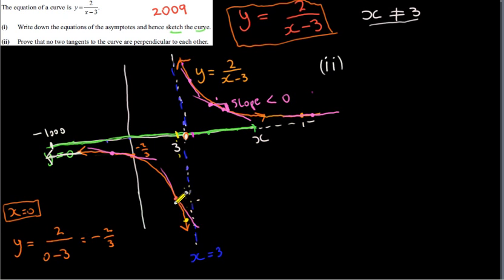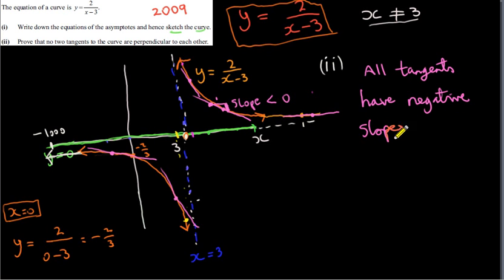So you can see from the graph straight away that all tangents have negative slopes. Even without doing calculations, we can see that. You might say, what about the tangents down here, say at this point here? Well, that's almost a vertical line, but it still has negative slope.